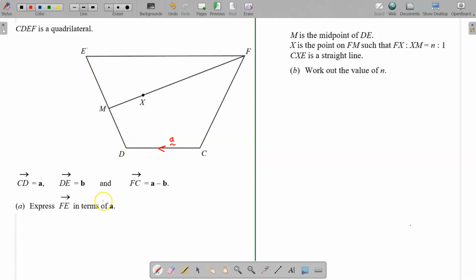It also tells me that M is the midpoint of DE. So what I'm going to do is split DE in half. So that bit there is a half b. That's going to be more useful. And this part over here is also a half b.